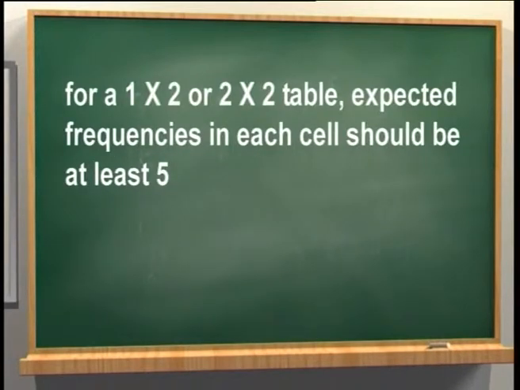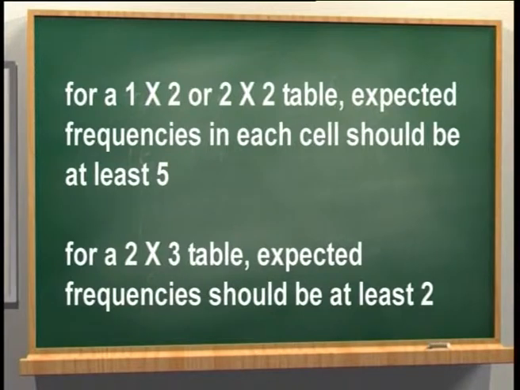For a 1 by 2 or 2 by 2 table, expected frequencies in each cell should be at least 5. For a 2 by 3 table, expected frequencies should be at least 2.